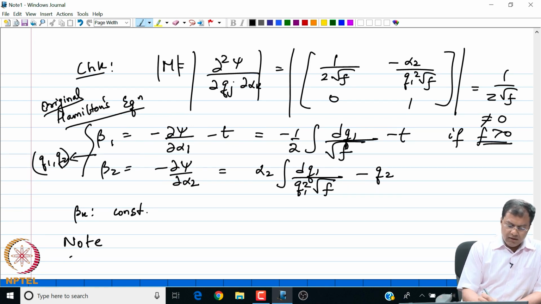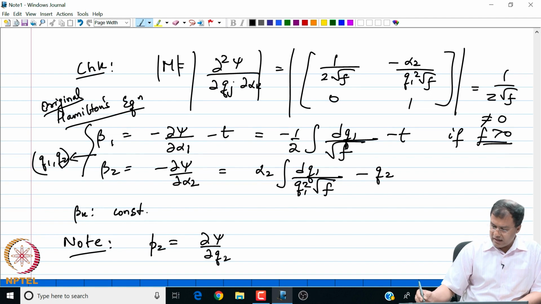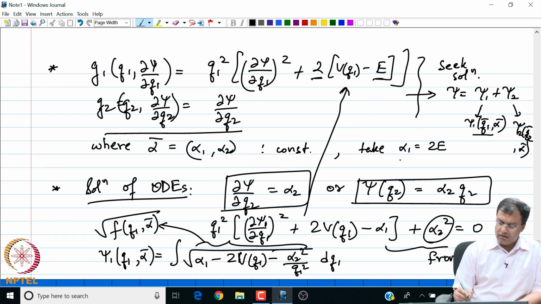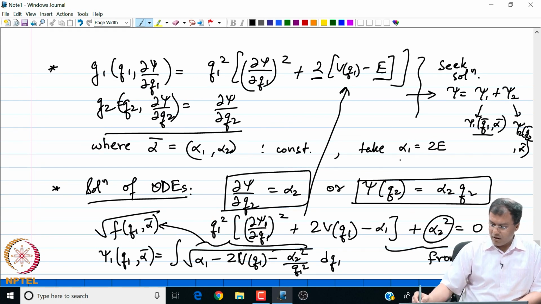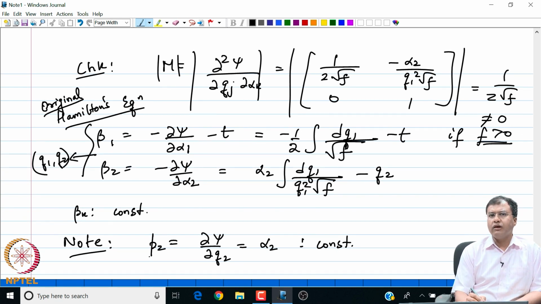Note one thing: P2, the second component of the momentum, is ∂ψ/∂q2. But notice that ∂ψ/∂q2 is a constant by the setup of our problem. This is also equal to α2, which is a constant. To begin with, in polar coordinates we had assumed that the second component represented the angle, or the rotational component.